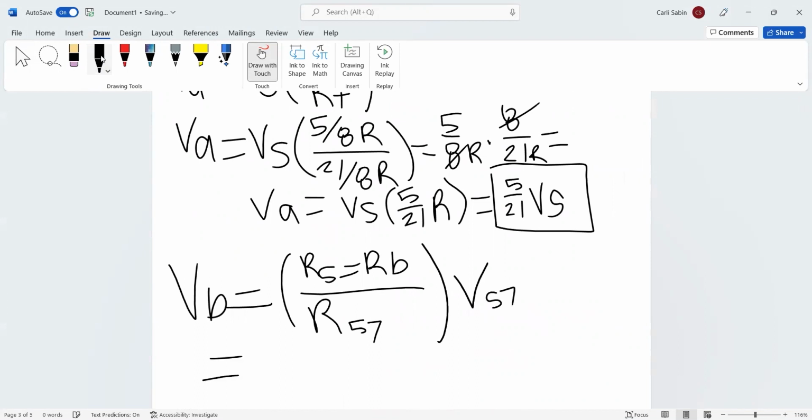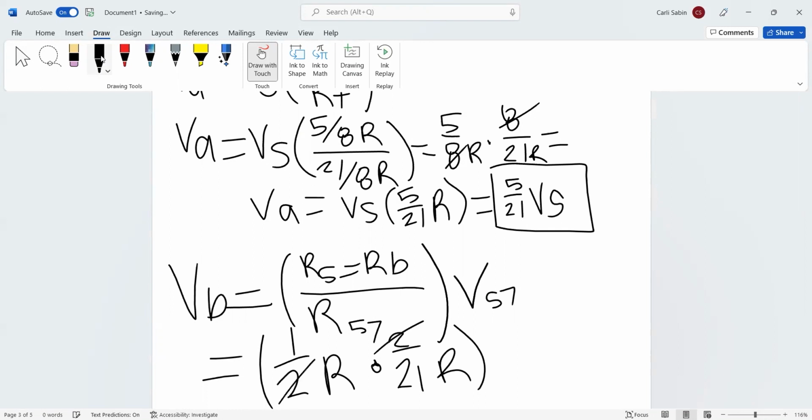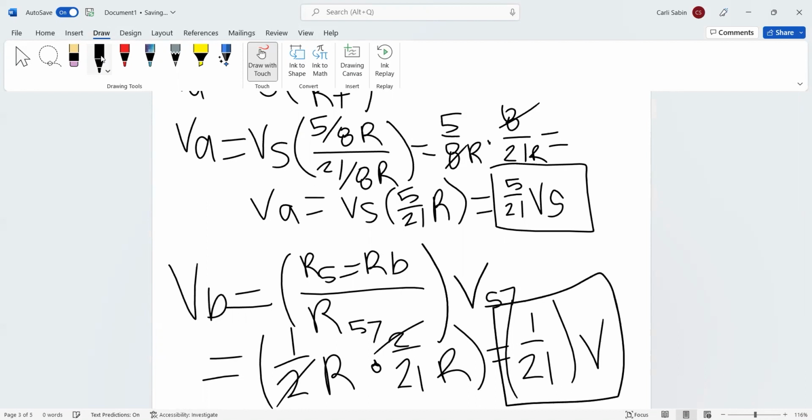And so for that, we're going to have 1 over 2R, because that is our R value, times R57 is actually just going to be, what is that? 2 over 21, if we go ahead and look at the circuit. And then the 2's are going to cancel out, which is going to give us a VB value of 1 over 21 times V. Okay, so that is going to be our VB value.